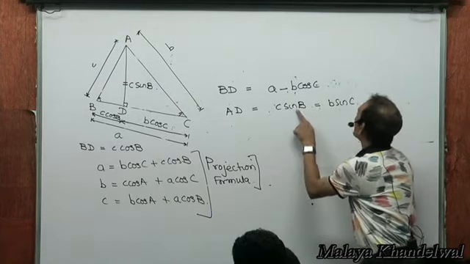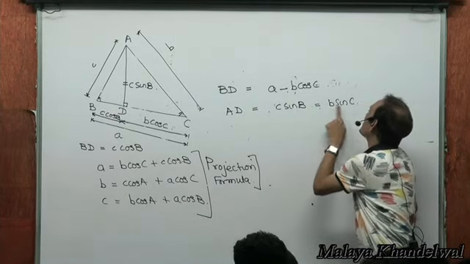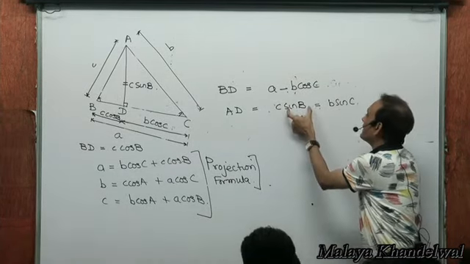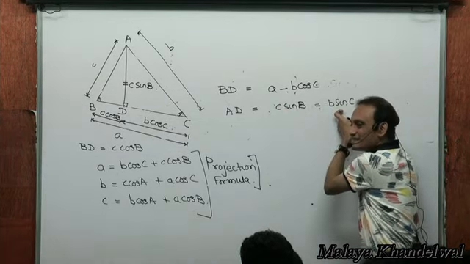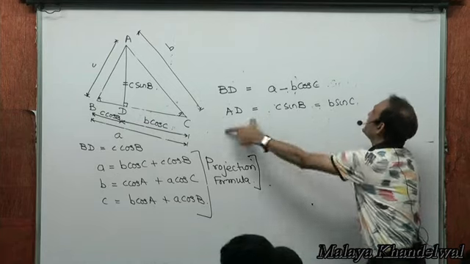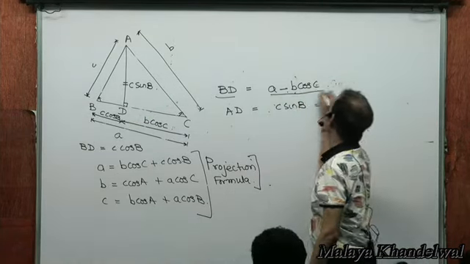Because b by sin B is the same as c by sin C. So c sin B is the same as b sin C. So AD can be written as b sin C and BD can be written as a minus b cos C.